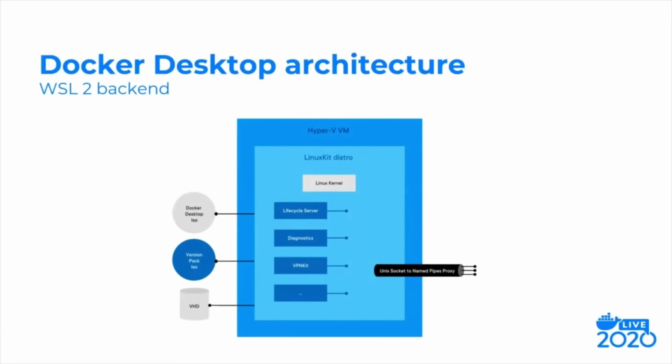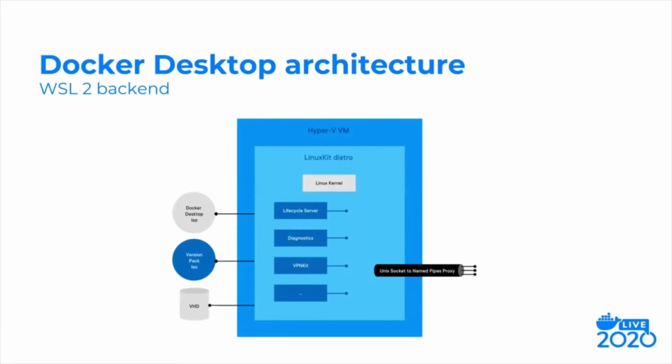So if we look back at the Hyper-V backend architecture, what we have for WSL2 is really, really close, actually. Instead of having our own Linux kernel inside our LinuxKit distro, we use the Linux kernel that ships with Windows, and we run within the WSL2 utility VM that actually runs every WSL distro.